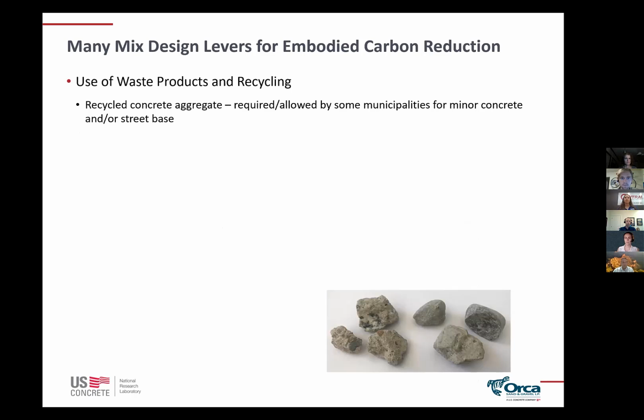And then lastly, looking at the use of waste products and recycling. Recycled concrete aggregates is something that I see as a big topic, just in the American Concrete Institute committees, also in research with universities. Some municipalities actually require or allow it for use in minor concrete or street base.